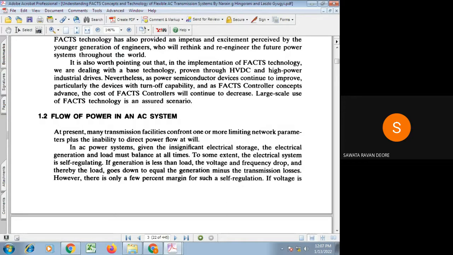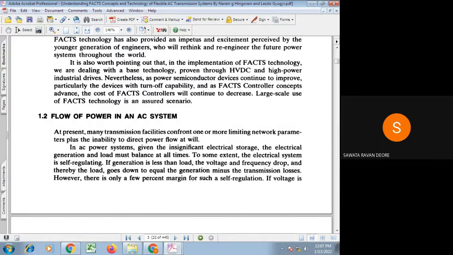It's a live system. Whenever there is any variation in the load, the generators have to adjust their generation so that the system frequency and the voltage are maintained.